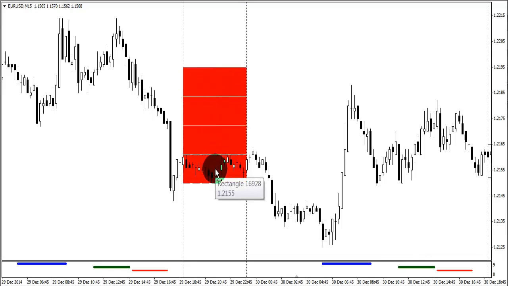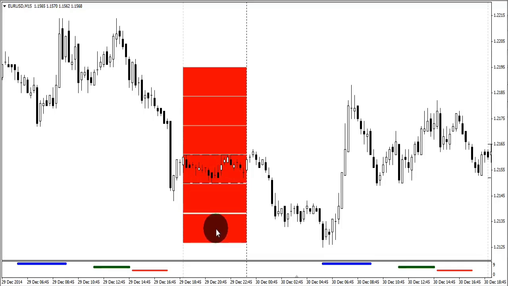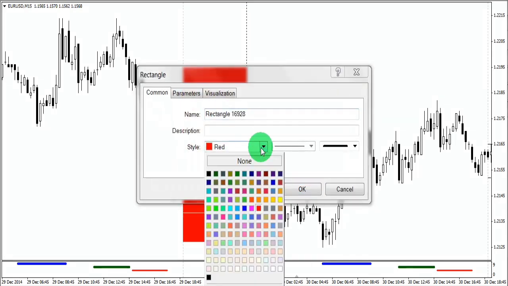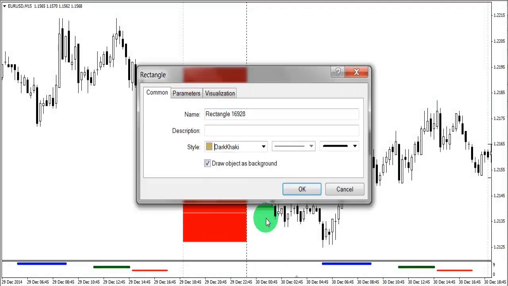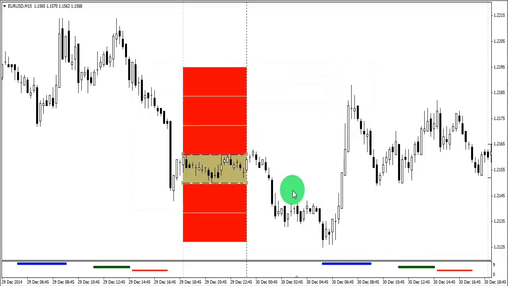Where's the float? What is the general consensus of the marketplace? And they're going to use this information going into London Open. Now, I know some of you are going to argue, well, Wellington is the new day. Well, it may be a new day to you, but as it relates to the higher low of the marketplace for the 24-hour day, it doesn't mean much. It's too early in the day.